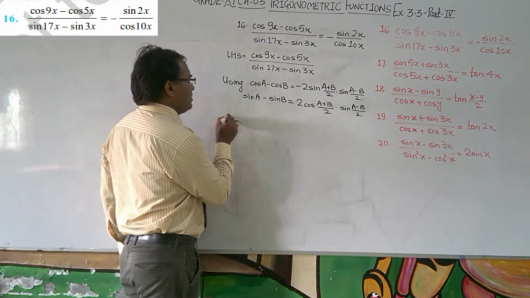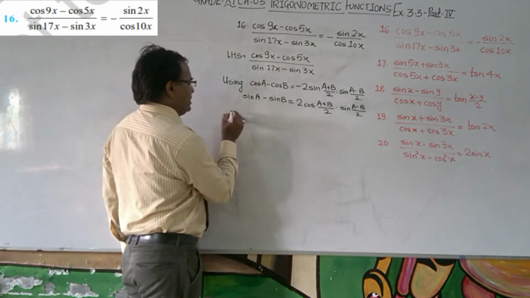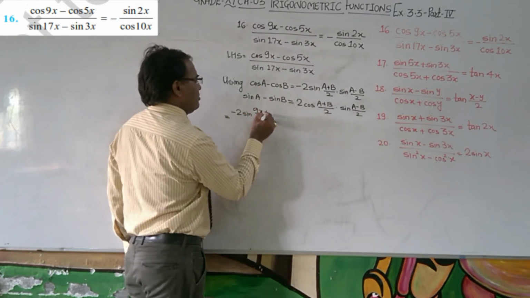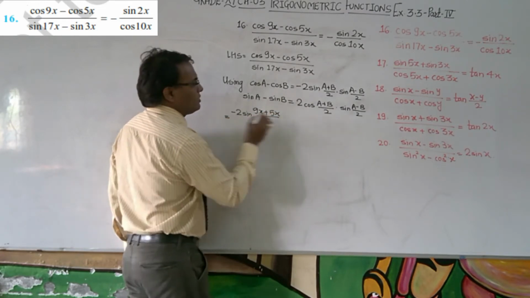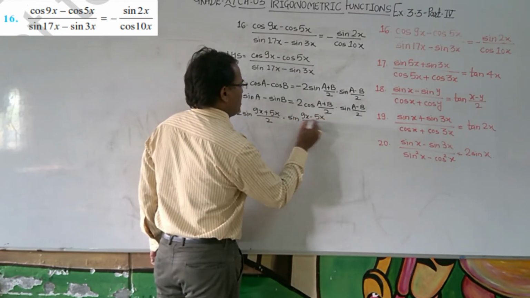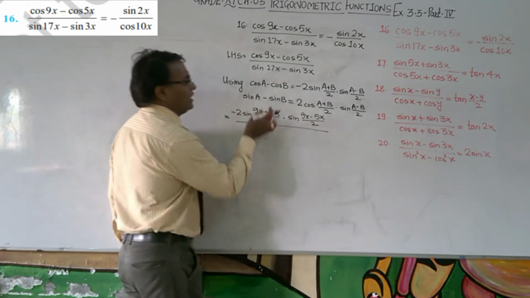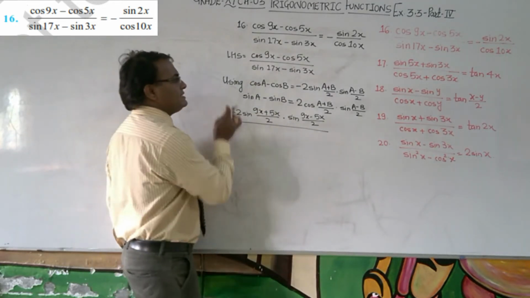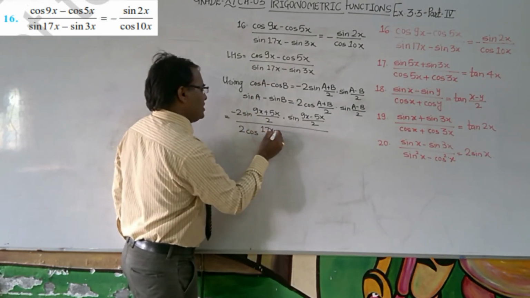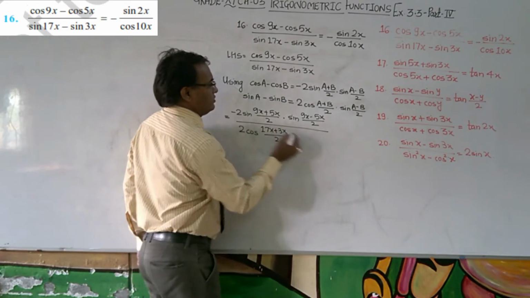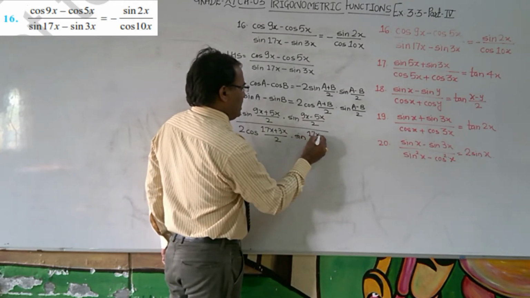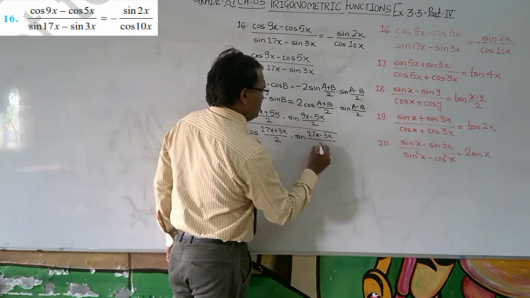So the LHS will become, it is minus 2 into sin, what is A? 9x plus 5x upon 2 into sin (9x minus 5x) upon 2 whole divided by, the second formula for denominator is 2 into cos (17x plus 3x) by 2 into sin (17x minus 3x) upon 2.